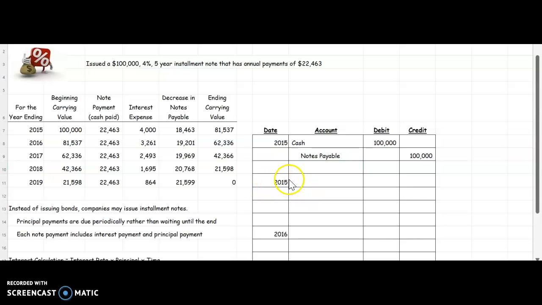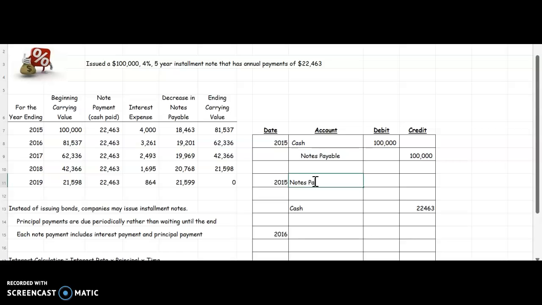Okay, at the end of 2015, and normally they'll give you dates, but let's just say at the end, you're going to do your first payment, your annual payment. And the easiest thing to do is skip down and do cash because the cash payments are never changing. They're going to be $22,463. And our notes payable is going to go down by the decrease.